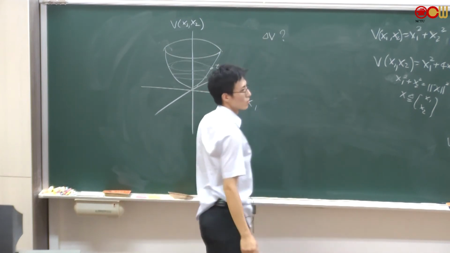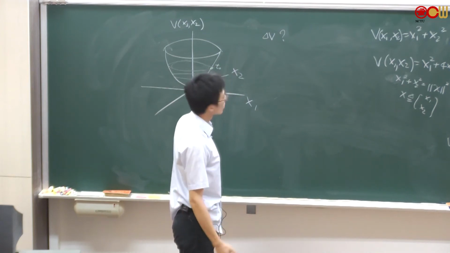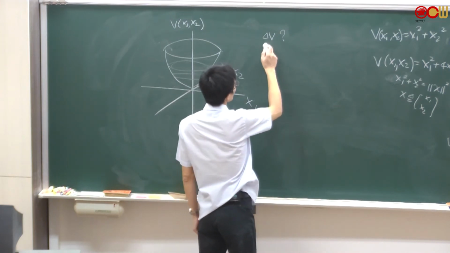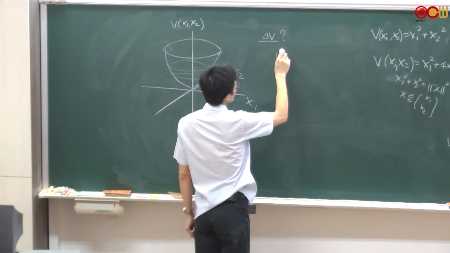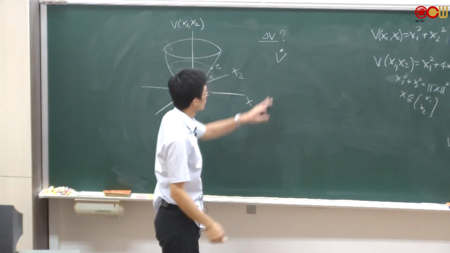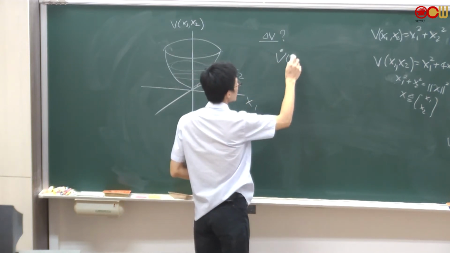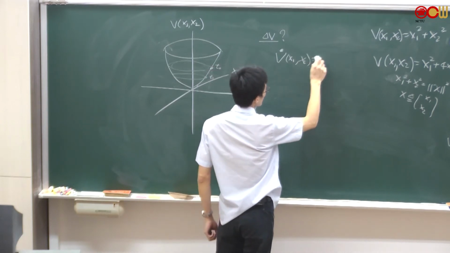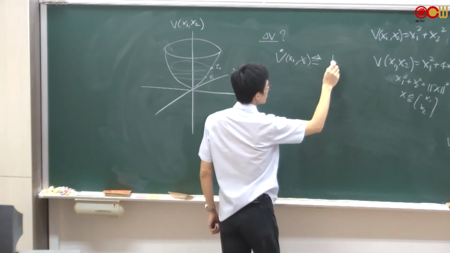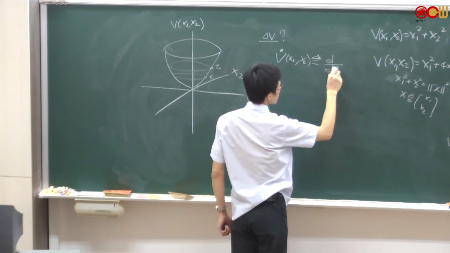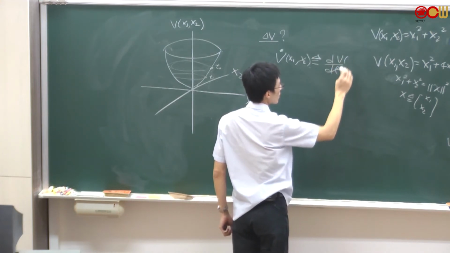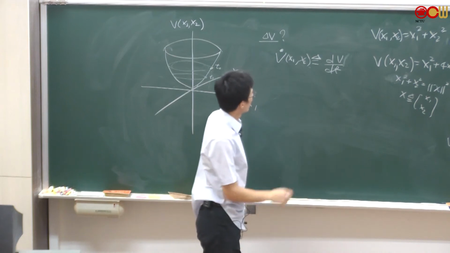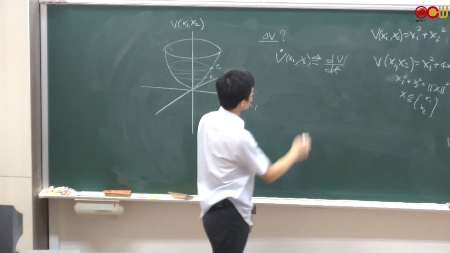With time, you can use the chain rule. So instead of finding this, we find the time derivative of v, okay, which is defined as dv/dt, right? Anyone in the world knows this?